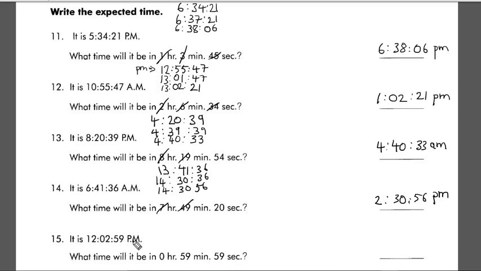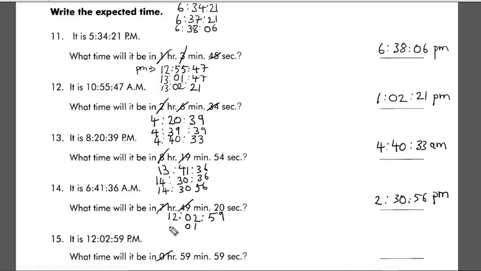Okay, so I'll write it up here actually because it's just easier to do so. 12:02 and 59. All right, so I need to add my 59. So 59, 60, 61. Okay, I can't have 61 here, so I'm going to leave 1 in there and add 1 hour here.